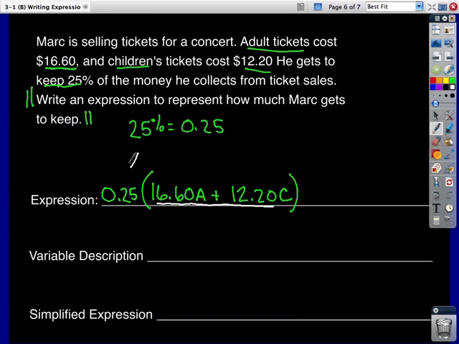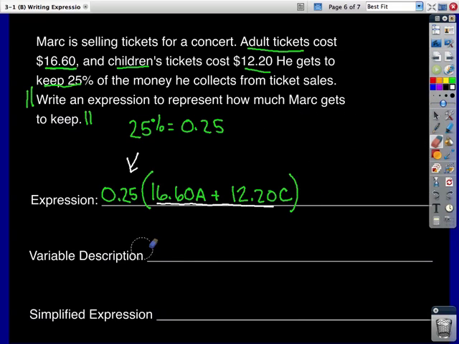This part right here just takes 25% of that number. Remember, if I asked you what's 25% of, let's go with 75, you'd turn 25 into a decimal and multiply by 75, right? That's all I'm doing here. I turn 25 into a decimal and I'm multiplying it by whatever number you'd end up with.